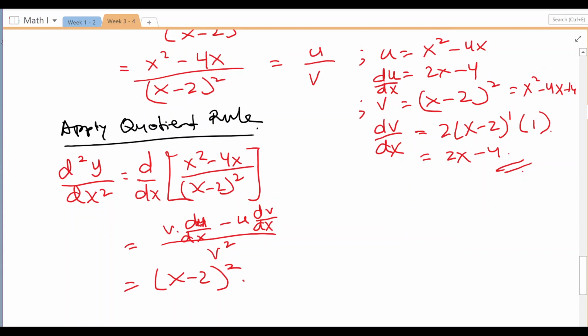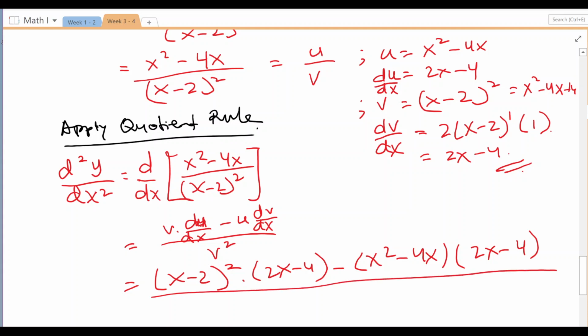So du/dx equals 2x − 4, minus u, which is x² − 4x, times dv/dx, which is 2x − 4.